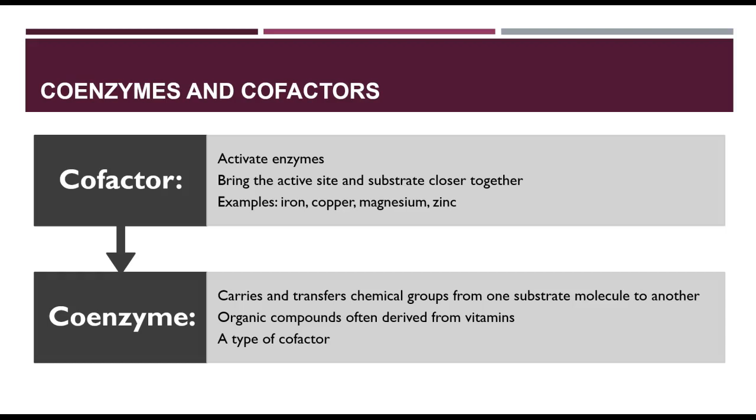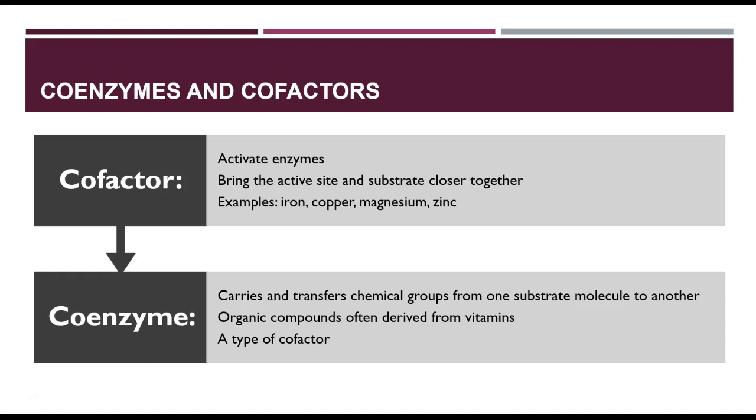So let's look at coenzymes and cofactors here for just a minute. A cofactor is a substance that helps to activate an enzyme. Cofactors are used because they can help bring the active site and the substrate closer together. Examples of cofactors include iron, copper, magnesium, zinc, any number of metallic ions.